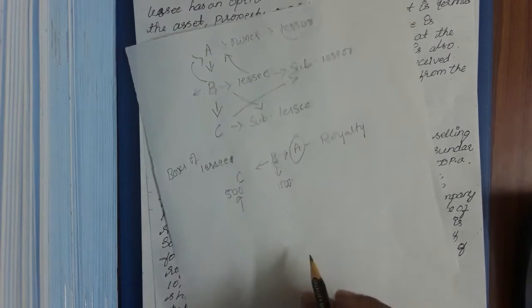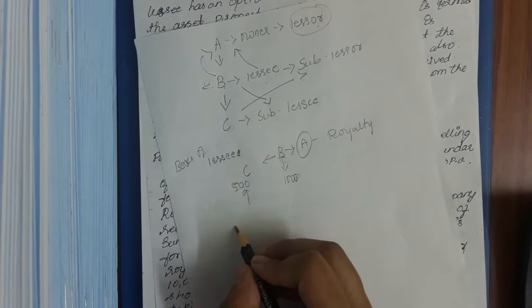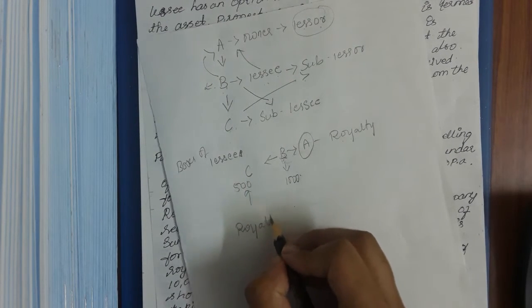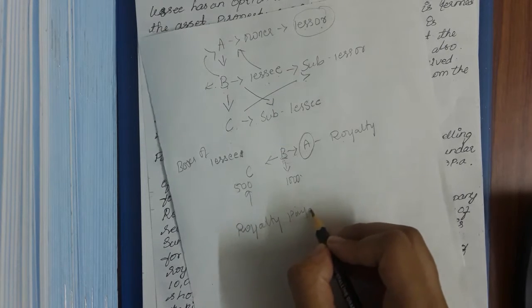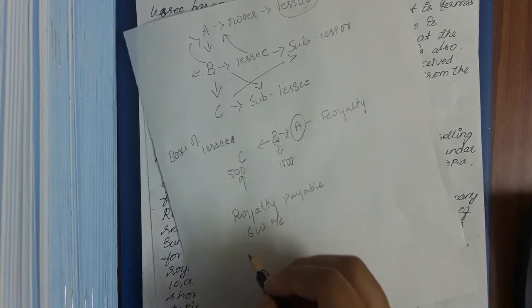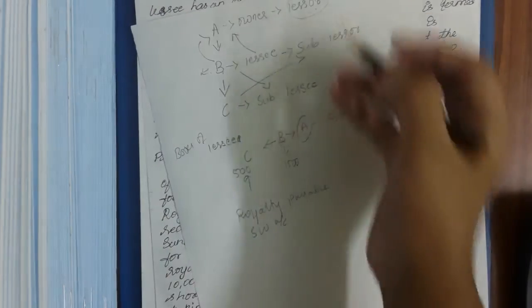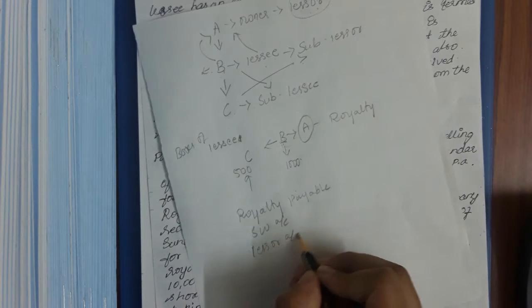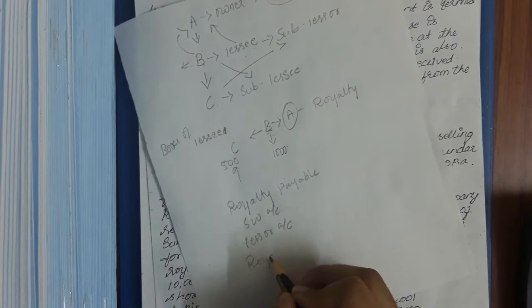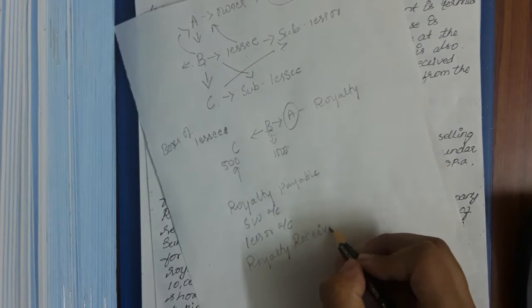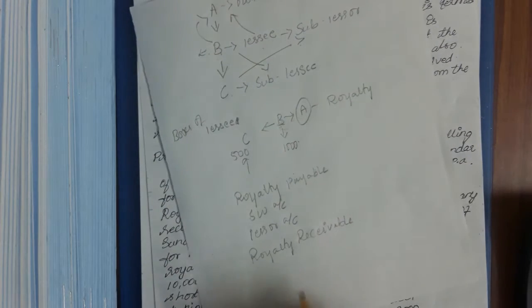Now, while preparing the books of accounts in the books of the lessee, you will be preparing the royalty payable account, short workings account, the landlord's account or lessor's account, let's take the lessor account, and then the royalty receivable account also. These are the ledger accounts.